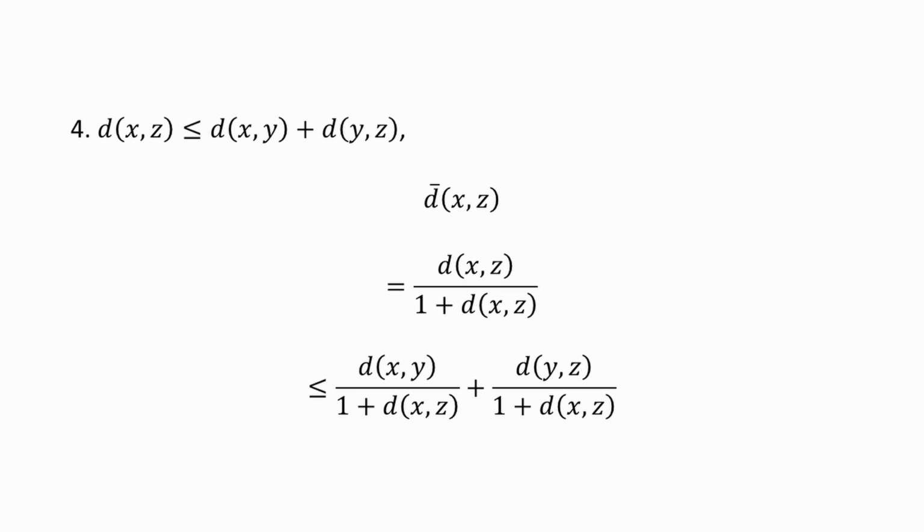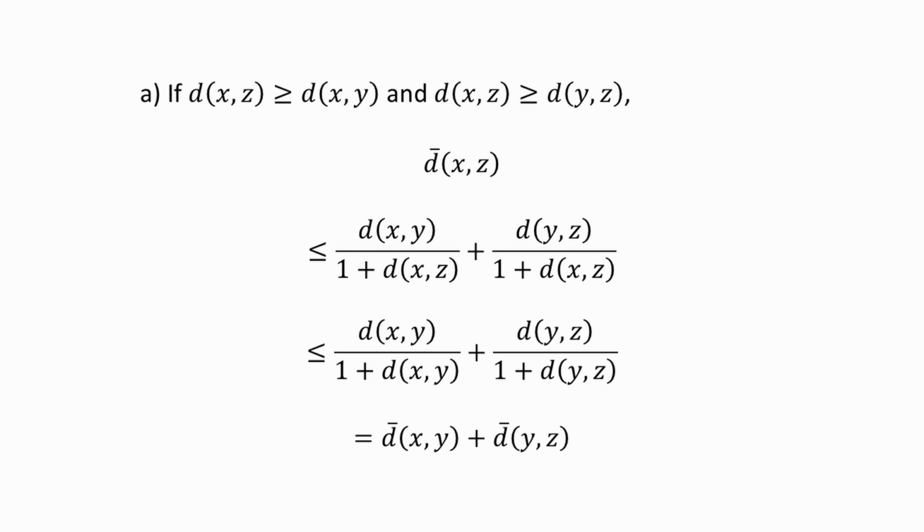Now we have three different cases we need to consider. A. If d(x, z) is larger than or equal to d(x, y), and d(x, z) is larger than or equal to d(y, z), then we have d bar(x, z) is smaller than or equal to d(x, y) over 1 plus d(x, y) plus d(y, z) over 1 plus d(y, z).